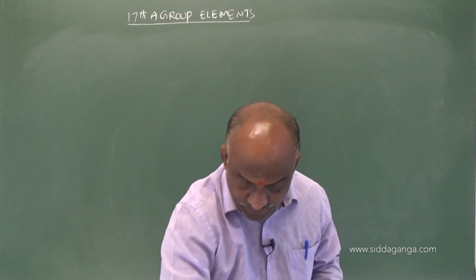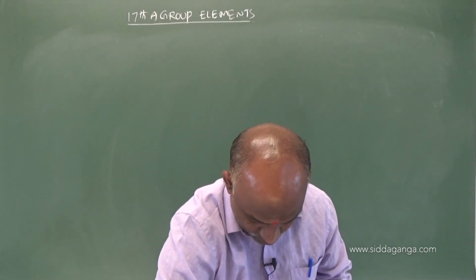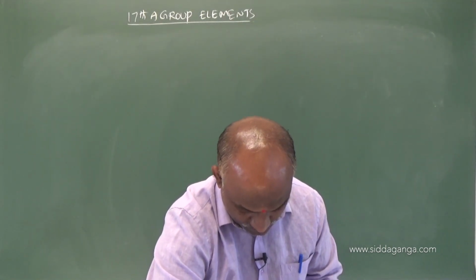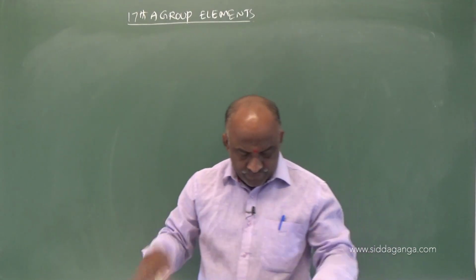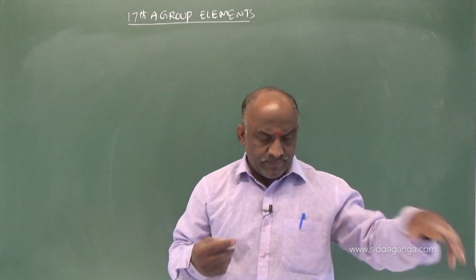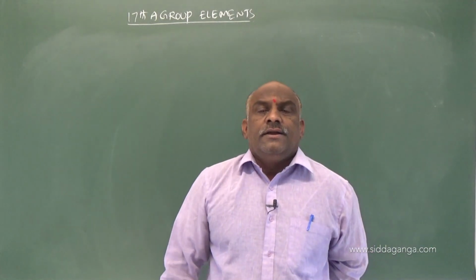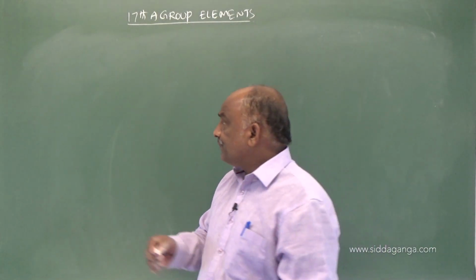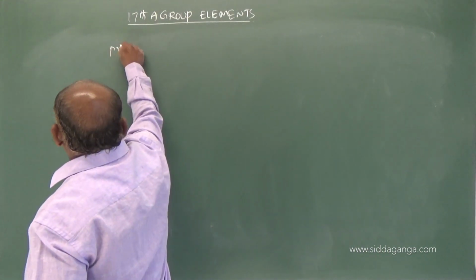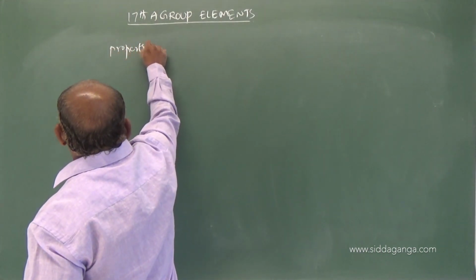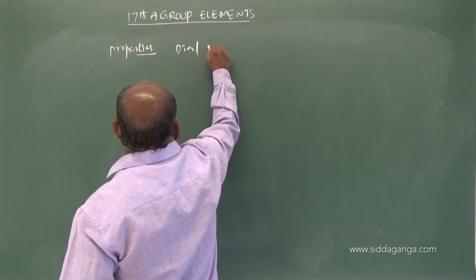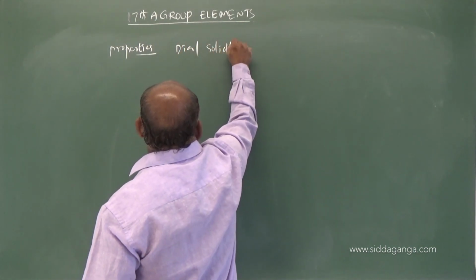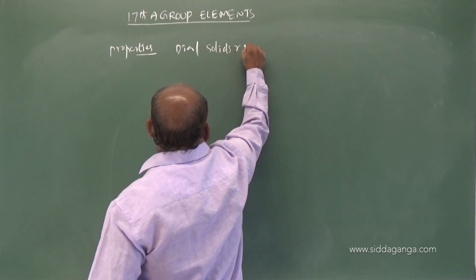And while coming to the next one, all interhalogen compounds, properties: diamagnetic, solids or liquids.